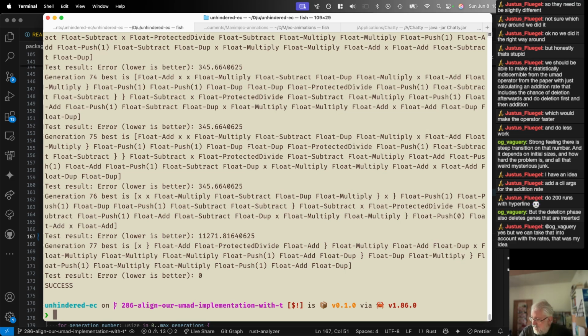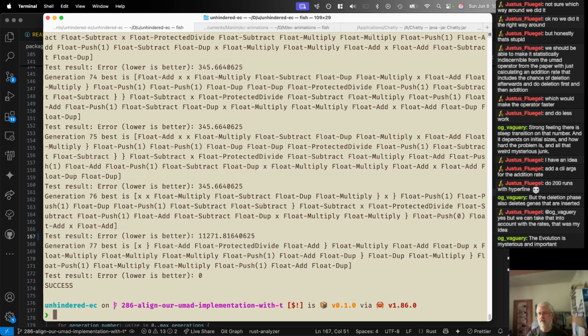This is one of the things that I always end up having to talk with my students about: in evolutionary computation, the answer is always it depends, and it depends on so many things, which makes it so difficult to compare apples and, even another plant, not to mention mammals and rocks. So yes, the evolution is mysterious and important. I think there's a shirt there somewhere.